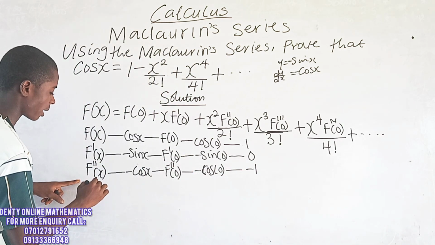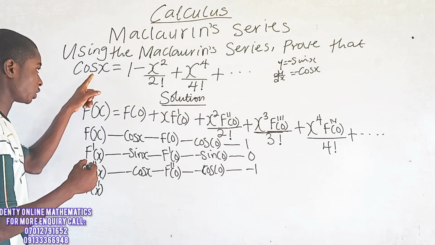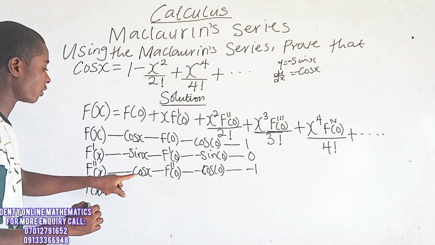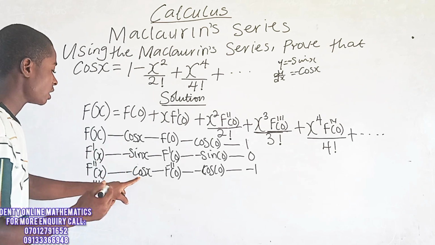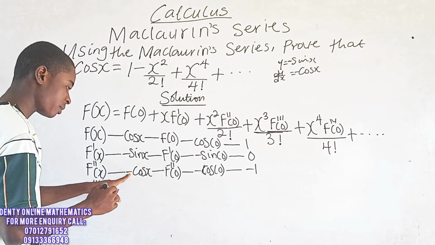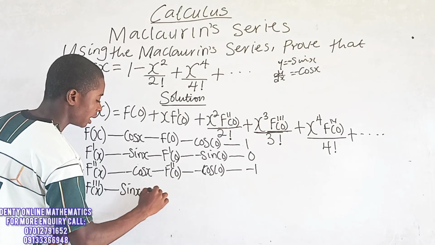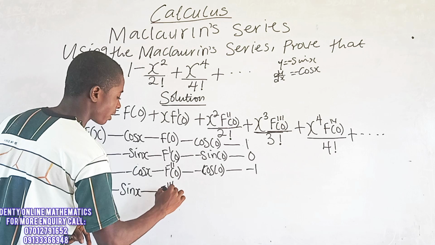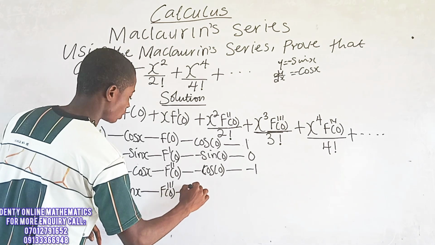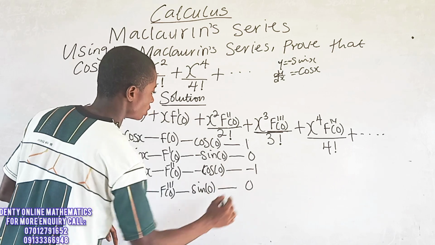Now we continue with that process again. We are going to have f triple prime of x. That means we are differentiating the first function 3 times. If we differentiate cos x, it's minus sine x. If we differentiate again, this minus will affect the other minus, and I'm going to have positive sine x. Then f triple prime of 0 will give us sine 0, and sine 0 is 0.